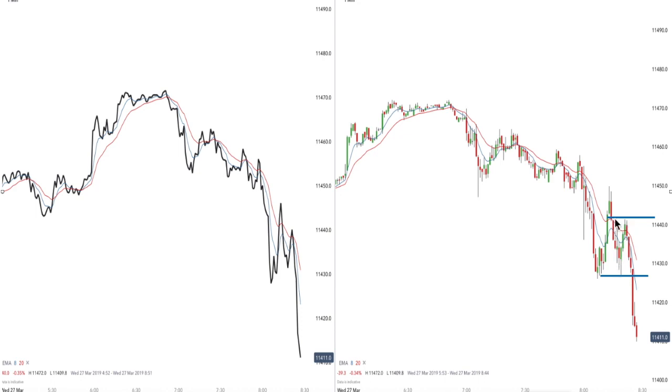We're not short off the open here, and the market's moving quickly. It's already come down quite a long way. I'm looking for at least 1-to-1 on my risk to reward, and you can see that 1-to-1 was reached here.